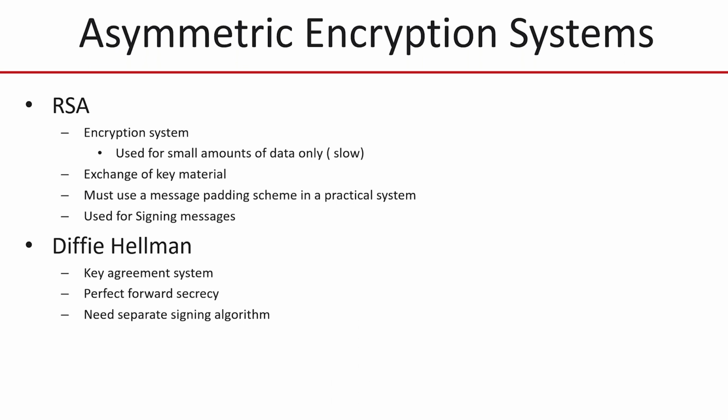We can exchange data, and with a combination of our public and private keys, we can come to a shared secret between two different stations that need to communicate, and then this can become the basis for our session key. However, with Diffie-Hellman, you can't sign messages, so we need a separate signing algorithm.